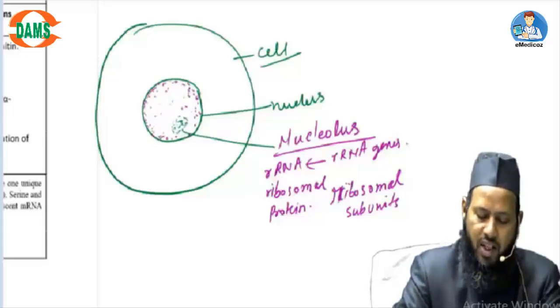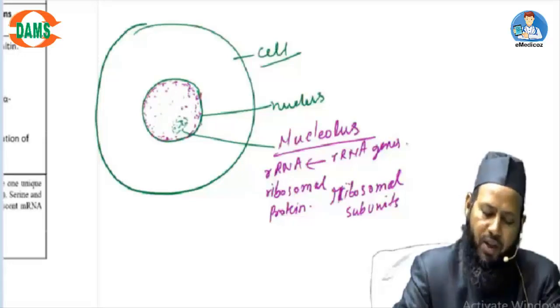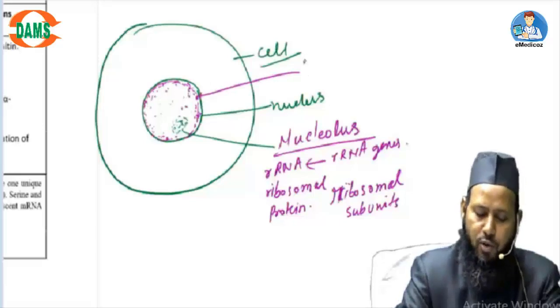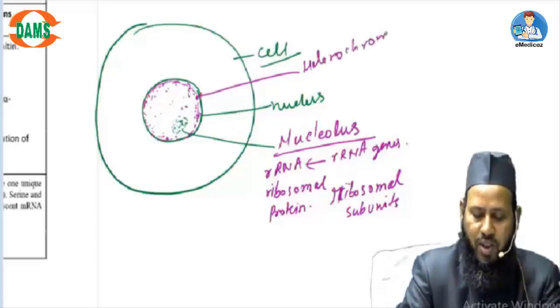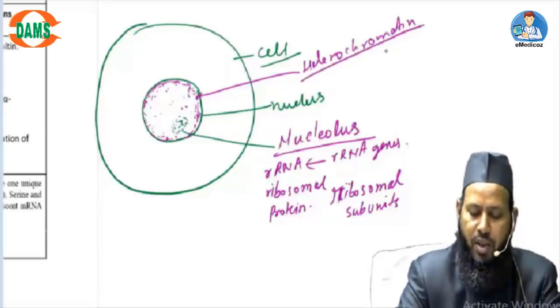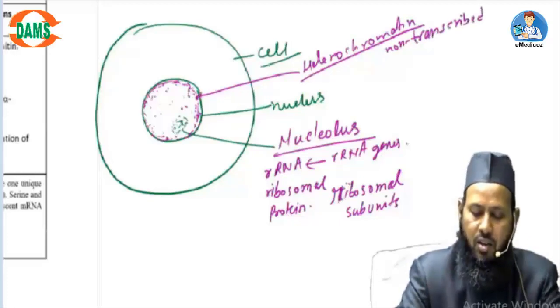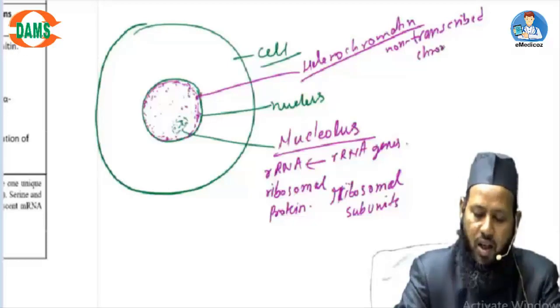So it is said that at the peripheral zone, at the boundary of the nuclear membrane, lies the heterochromatin, which is untranscribed or non-transcribed chromatin, or DNA.